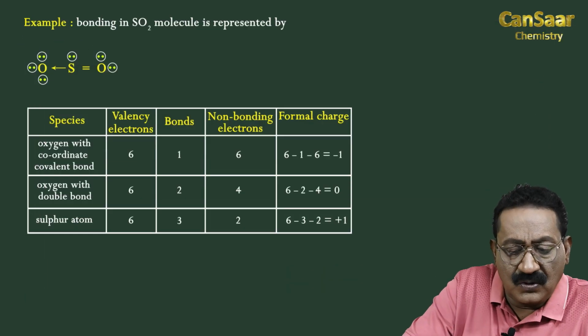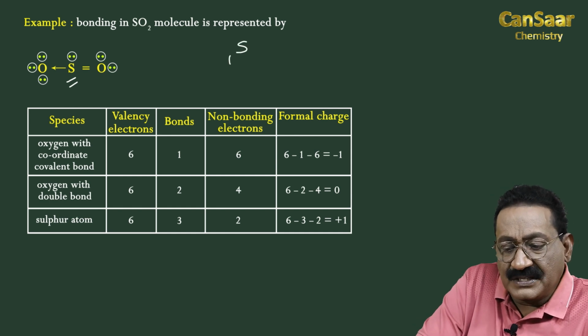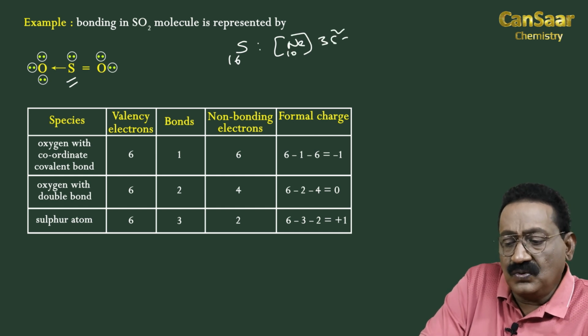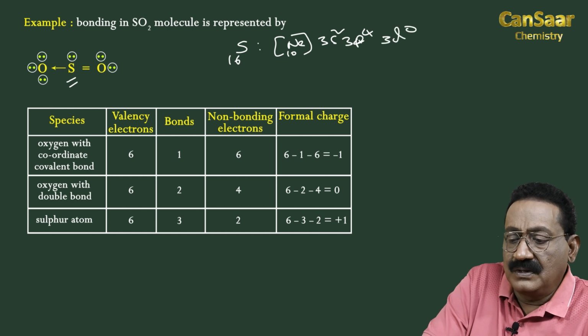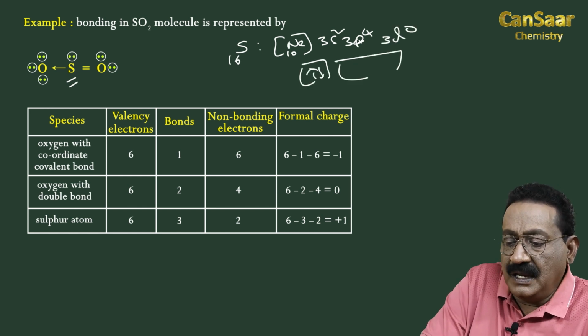In SO2 molecule, the central atom, sulfur, atomic number 16, electronic configuration neon 10, that is 1s2, 2s2, 2p6, 3s2, 3p4 and 3d0. So 3s2, pair of electrons, 3p4.